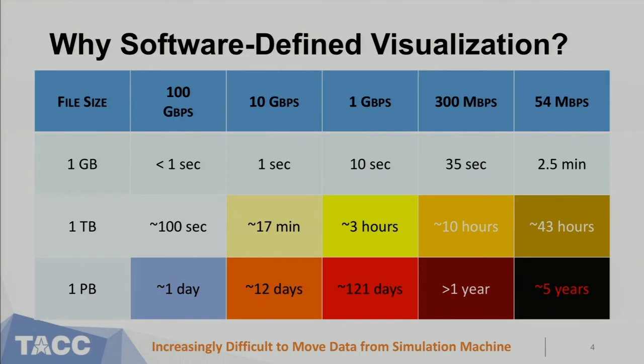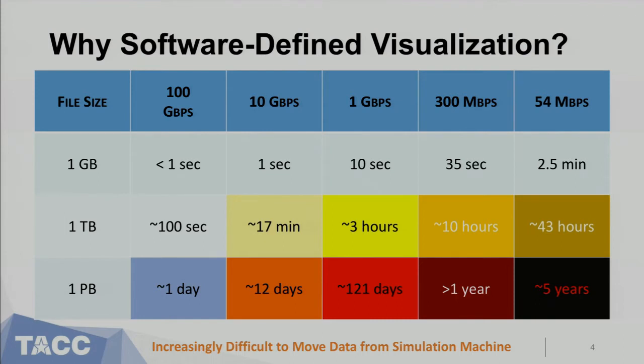Software-defined visualization is using the same resources to analyze and visualize the machine as are used for the simulation itself. And so in Stampede 2's case, that's using the Skylakes or the KNLs to do the visualization operations and rendering and producing the images, which is the same hardware that the simulation runs.